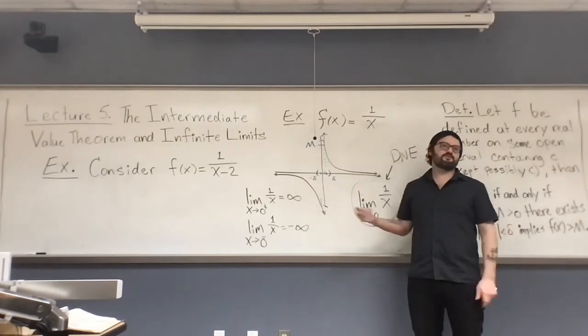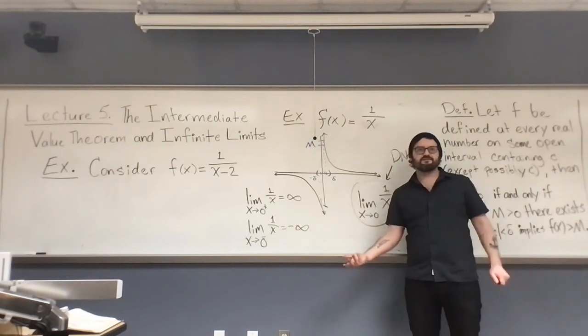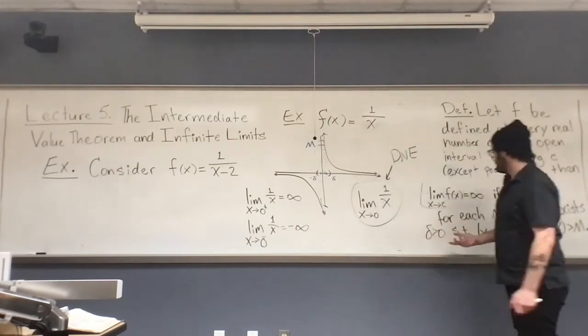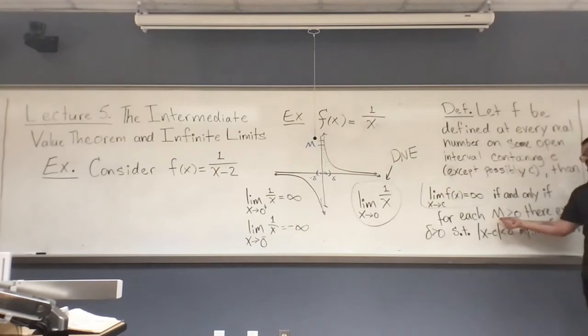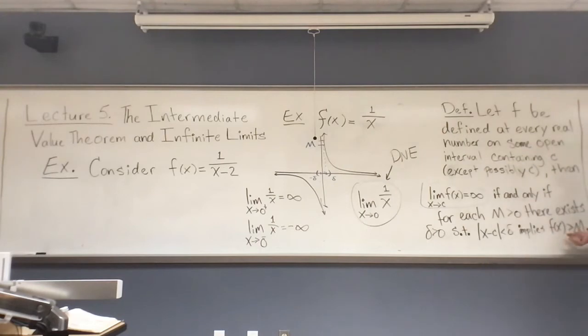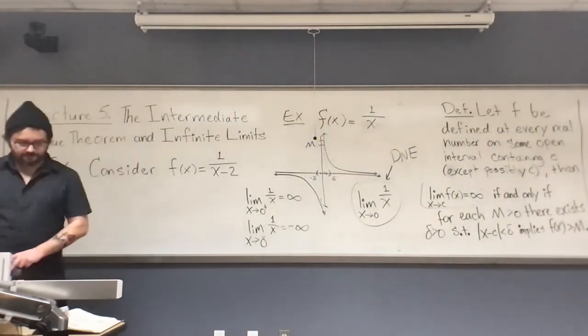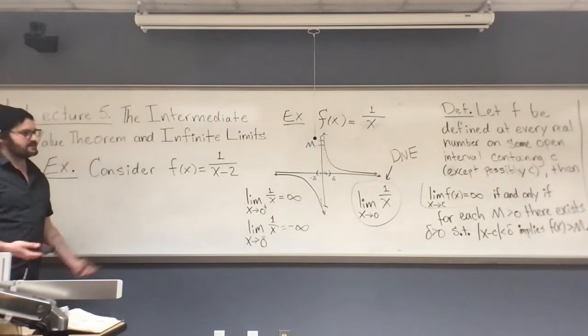It gets arbitrarily negative, right? So it's unbounded in the negative sense. So maybe for each m less than 0, there exists an interval around c so that f of x is less than m. That would be how to modify this for the negative case. All right. Hopefully this makes sense.